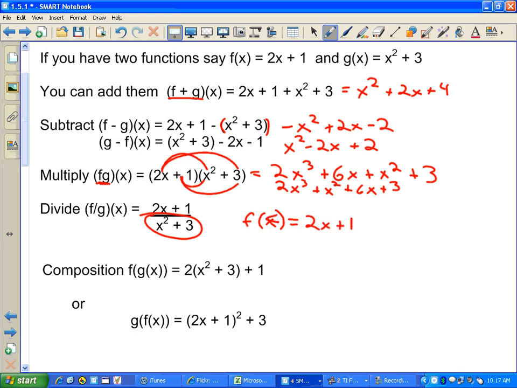I took this x out, and in its place I put g of x. That means I'm going to take this x out, and in its place I'm going to put g of x. And that's how composition works. You're substituting g of x into the place of x in your f function.